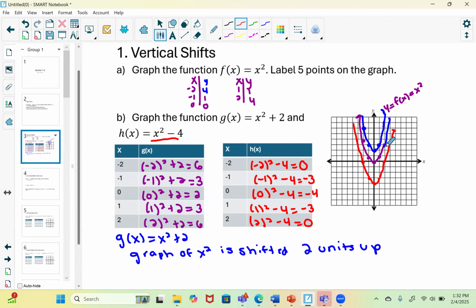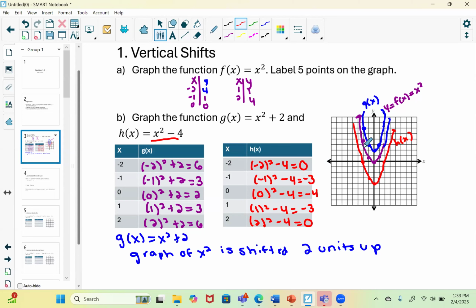So again, same shape, but now we're comparing it to the purple one. And compared to the purple one, the red graph is shifted down; each point is shifted down. So this one is down 4 units: 1, 2, 3, 4. When it was at 1, this is shifted down 1, 2, 3, 4.